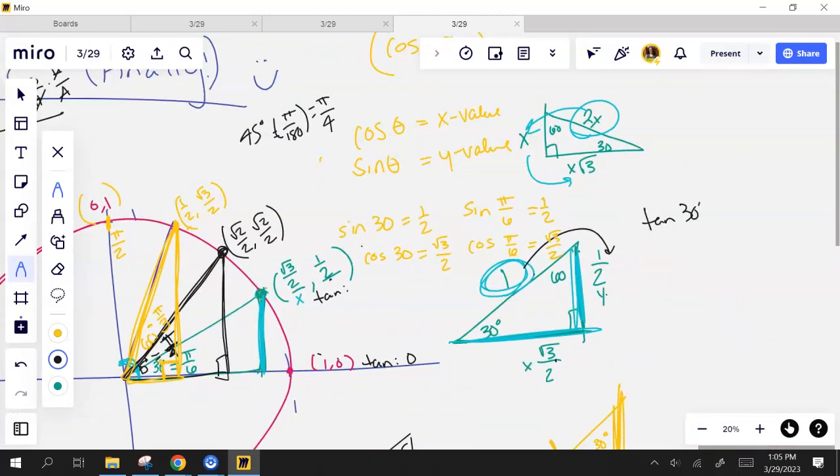Let's go tan 30 degrees: 1/2 divided by the square root of 3 over 2. No calculator, exact only. 1 over the square root of 3. Take the y value and divide by the x value. That's what you're doing.